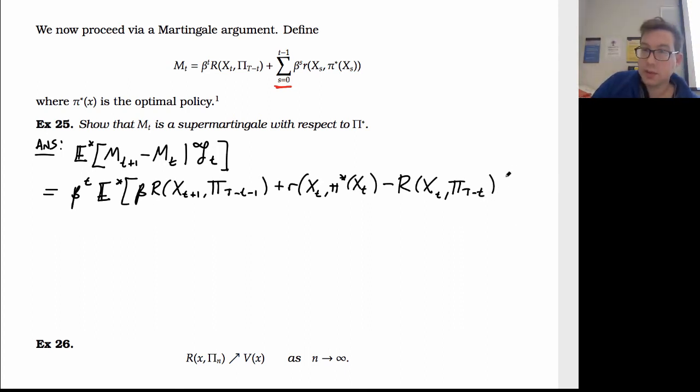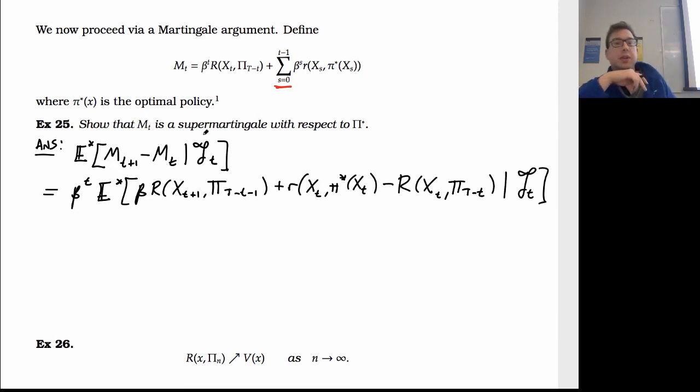And this is all going to be taken with filtration at time t. So I just basically looked at the two terms here.